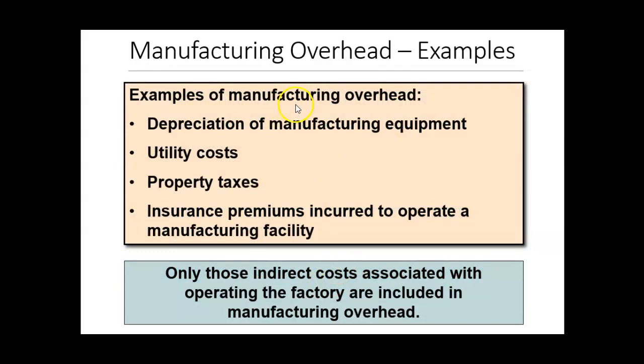The overhead costs could be depreciation on the manufacturing equipment, utility costs inside the warehouse, property taxes, and insurance, examples of manufacturing costs that are going to be incurred by this company. But again, they're not tied to any specific product, therefore they're known as indirect costs and they go into the category known as manufacturing overhead.